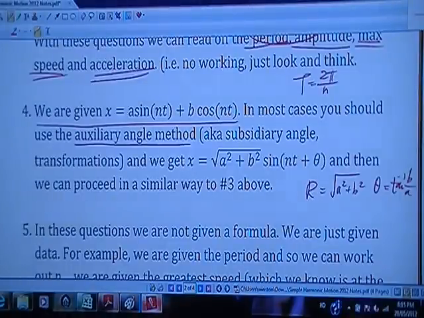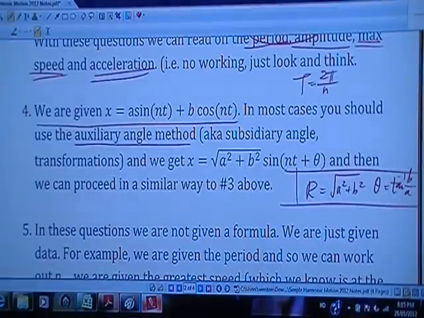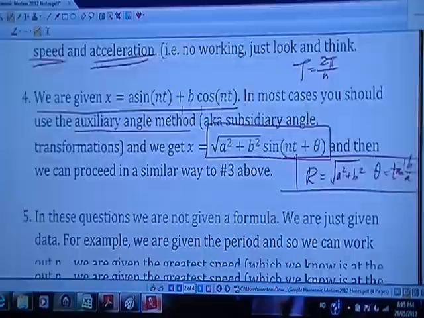Yeah, b on a or a on b, depending on how it's set up really. But that is what we use to put it into this form. And then we can proceed in a similar way to part number 3 as above.